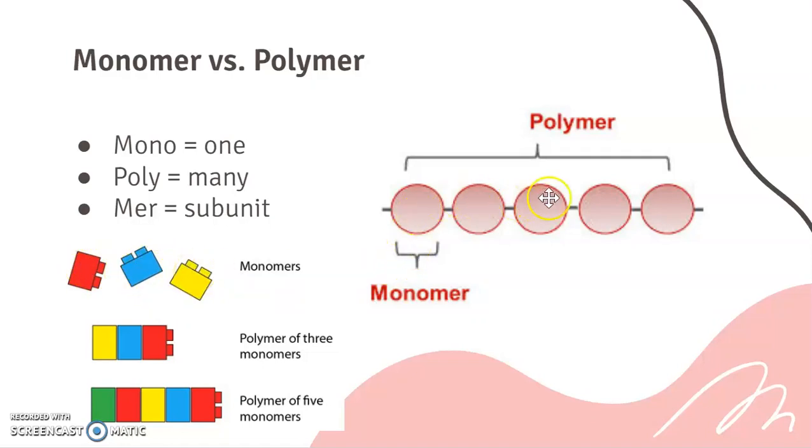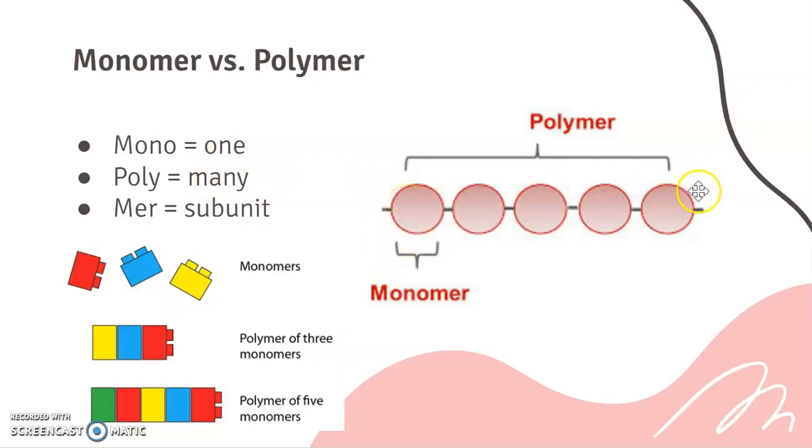On this image, it's also showing you here's our macromolecule. If we just continue to have this thread going, one of those units is going to be a monomer. So mono equals one, and mer is subunit, so one unit. Moving on to polymer, polymer means many. So it means we're going to have multiple subunits.